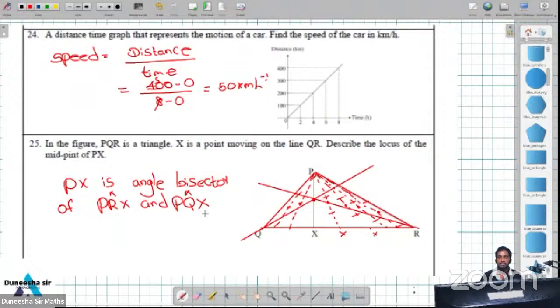Okay. This is the locus of the midpoint of PX. Write it down. After you finish, raise your hand.